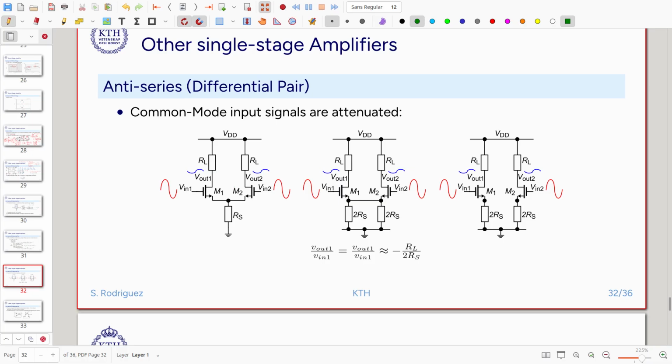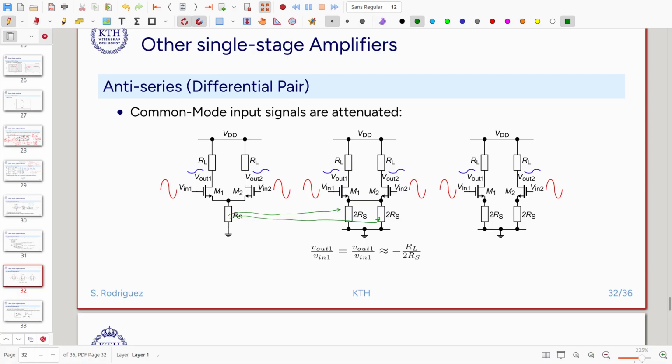So this is the typical scenario for a differential pair. And what we can do here is split this resistance in two resistors without changing the circuit. So basically this is exactly the same circuit.